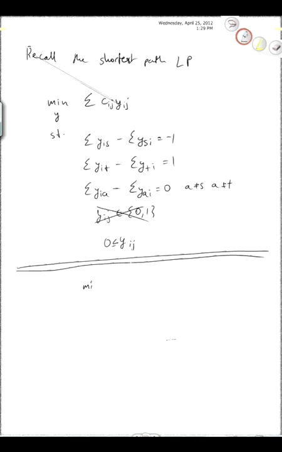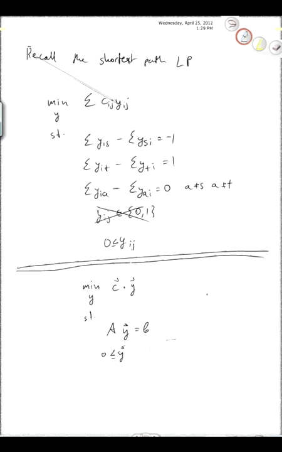Minimize over y, c dot y, where y is now a vector and c is also a vector, subject to Ay equals b, and y bigger than or equal to 0. Now A is a constraint matrix that comes out of these network flow constraints. So let's see what the matrix A looks like.